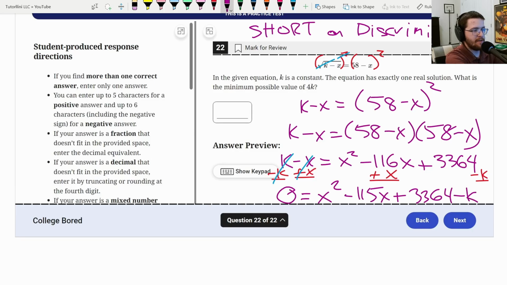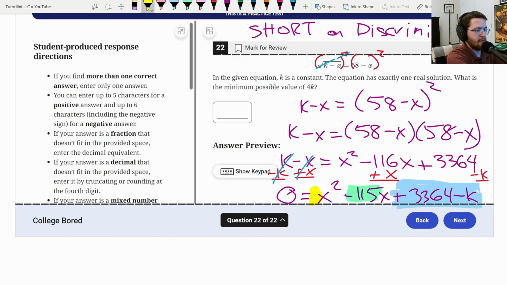Now I'm going to identify a, b, c. A is what's in front of x squared, so a is 1. B is negative 115. And c is the constant term at the end. Anything without an x in it is part of the constant term, so this big mess is c.